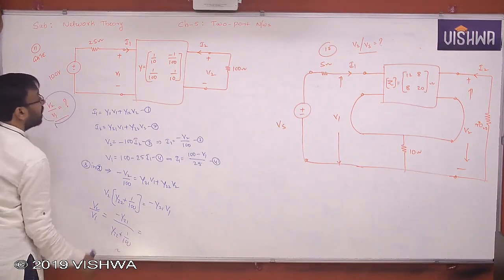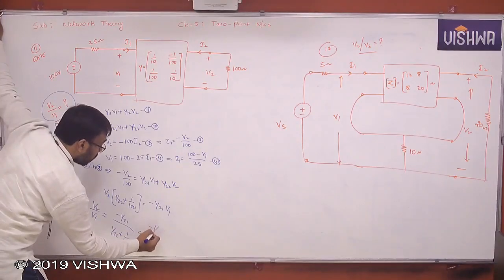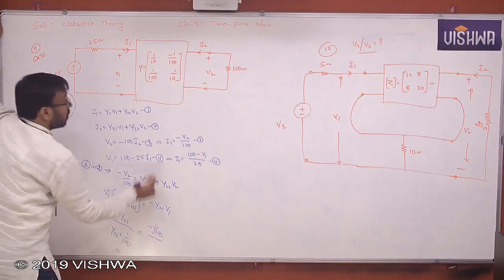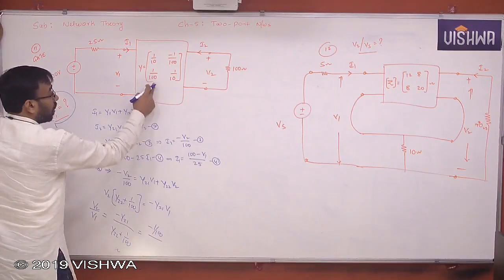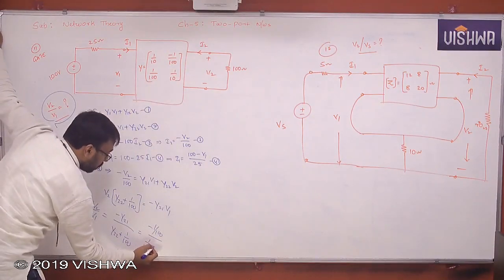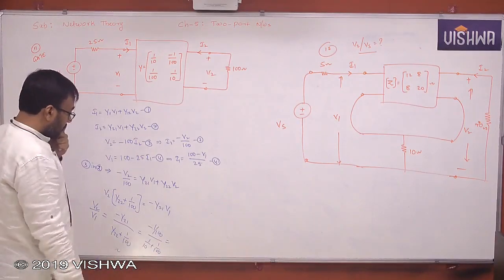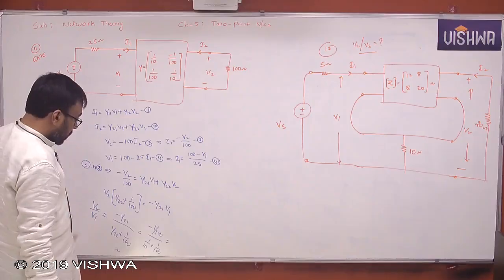What is Y21 given here? Y21 is given as minus 1 by 100, so already there is a minus sign. What is Y22 given? 1 by 10 plus 1 by 100. So you will get the value. Yes or no? Okay, so what do you get here?